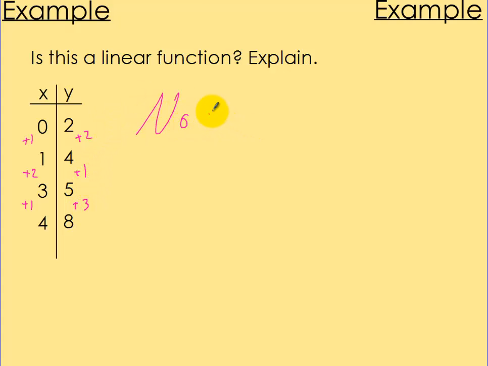No, that's not linear. Why not? Because it's not growing at the same rate every time. As x is jumping, not one at a time, y is changing all over the place. It's going only up 1 this time, and only up 3 this time, only up 2 this time. It's not consistent at all, so it's not a linear function. And if you actually plotted that, you wouldn't be able to draw a straight line through those points. That's it.